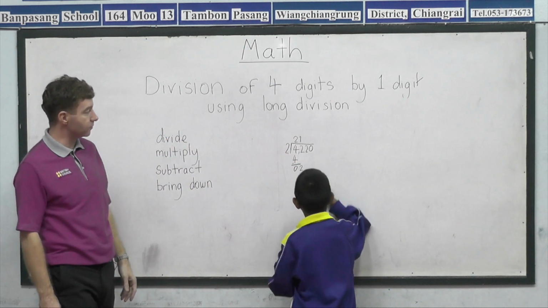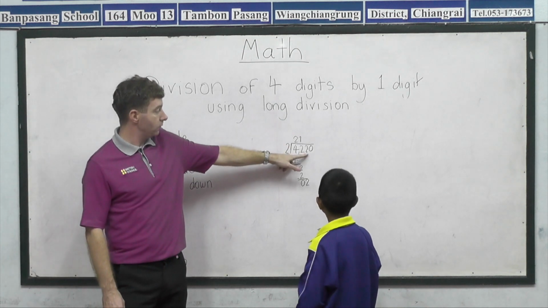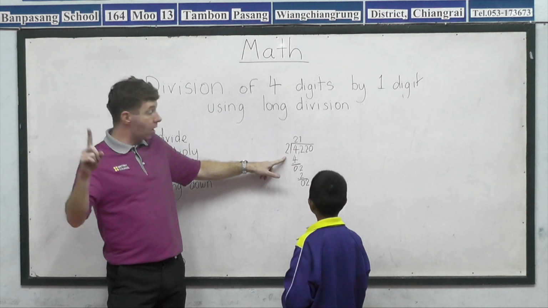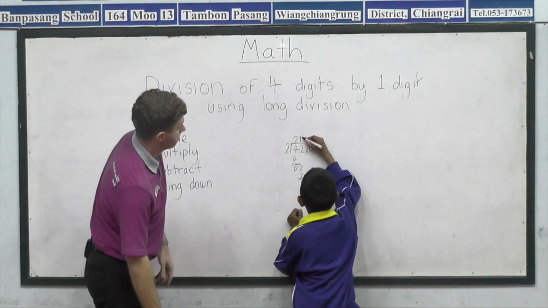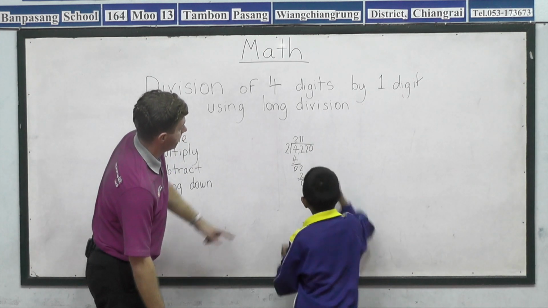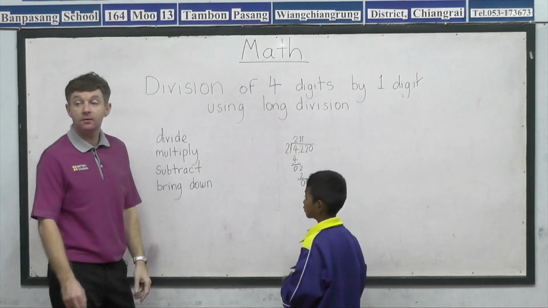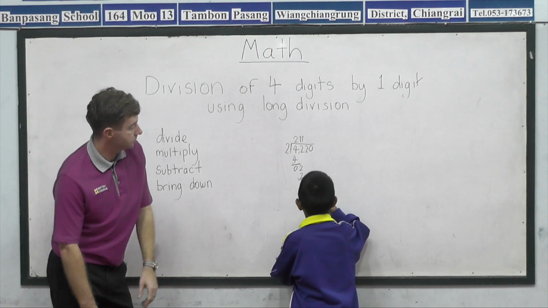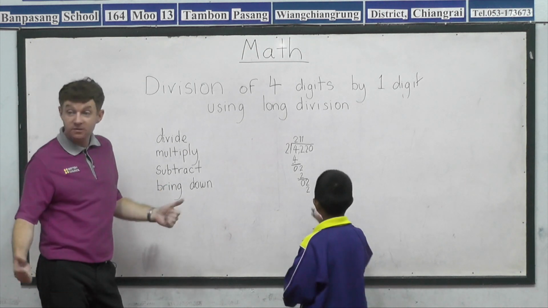Excellent, Pat. Doing very well. And we just follow the process. 2 divided by 2 equals 1. So you can write 1 on top. And then 2 times 1 equals 2. So we can write 2 here. 2 minus 2 equals 0.